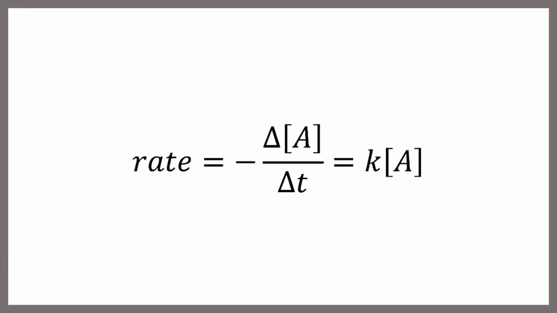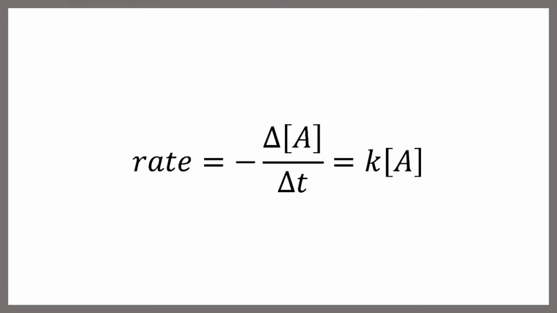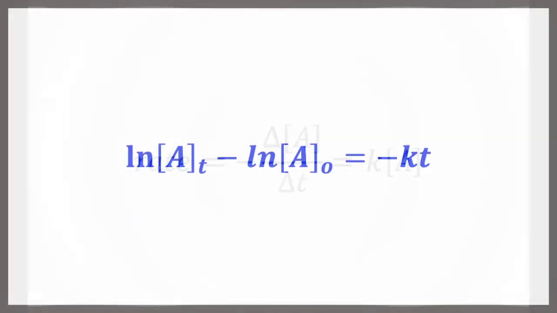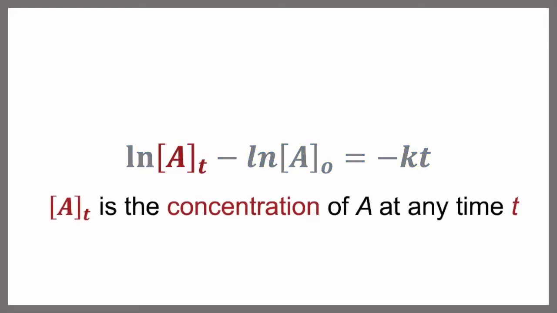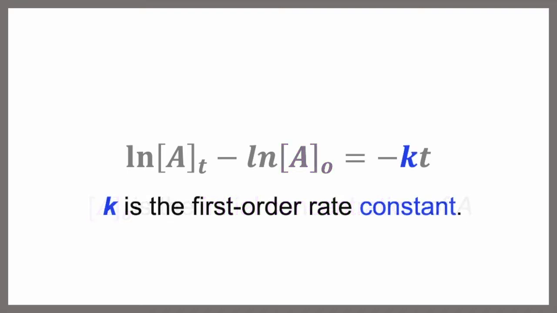So let's start with our basic rate law here. If you were to use calculus and integrate this, you would end up with an equation that you could rearrange into the format used on the AP exam here, where [A]t is the concentration of A at any time t, and [A]0 is the initial concentration of A, and k is what we call the first order rate constant, because we're looking at a first order rate law.